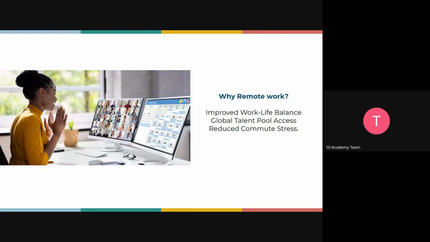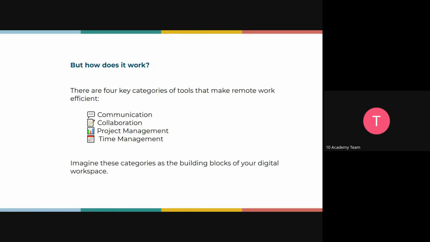So going forward, you can ask yourself, but how does it work? I'm here and I'm managing a project or a program, or doing any kind of responsibilities remotely. I'm not there specifically, I can't meet the person I work with. How does this work? There are four key categories of tools that make remote work efficient.